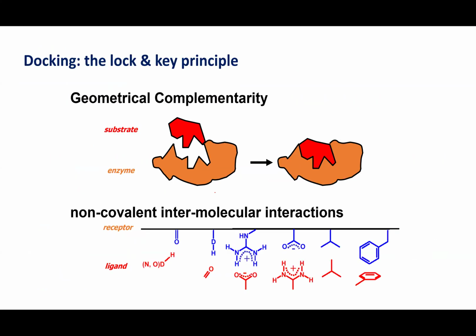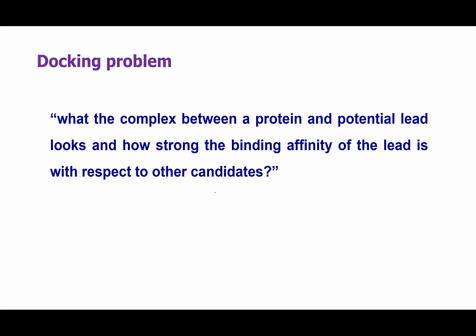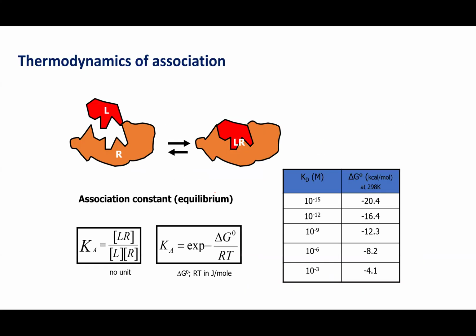If you observe the lock and key principle, in this case, the docking is called rigid docking. In rigid body docking, the geometrical or shape complementarity is considered inside the molecules. What does the complex between a protein and a potential lead or a chemical molecule look like, and how strong is the affinity of these chemical molecules with respect to other candidates?